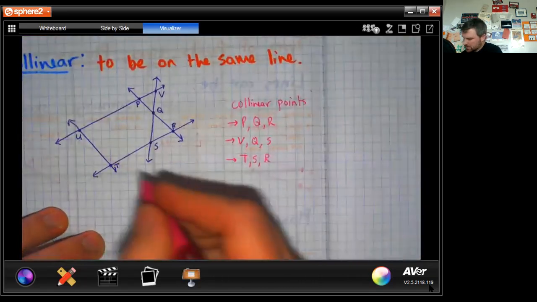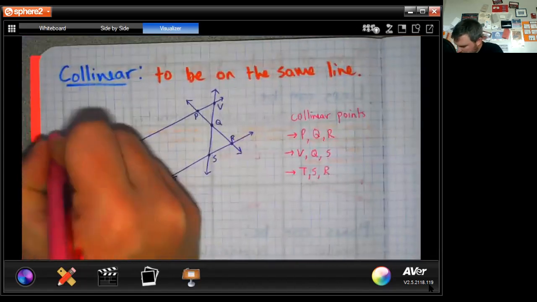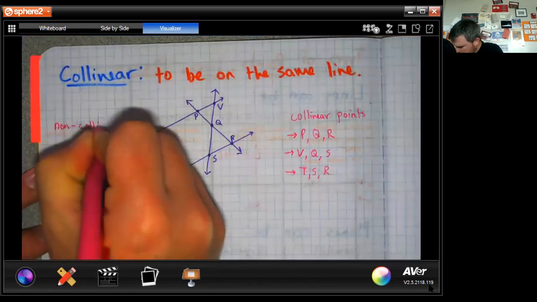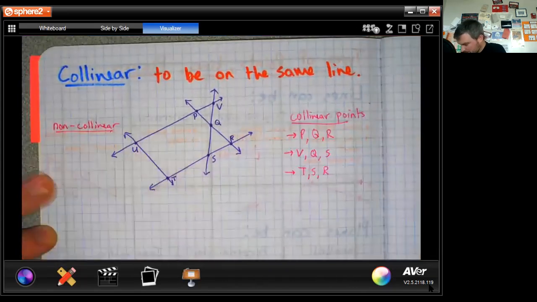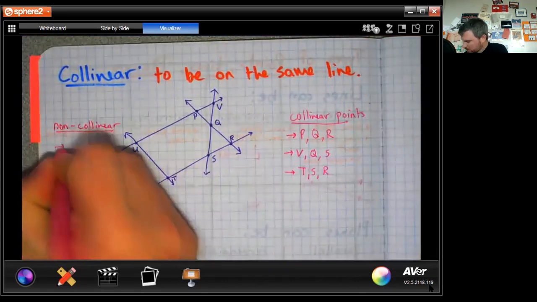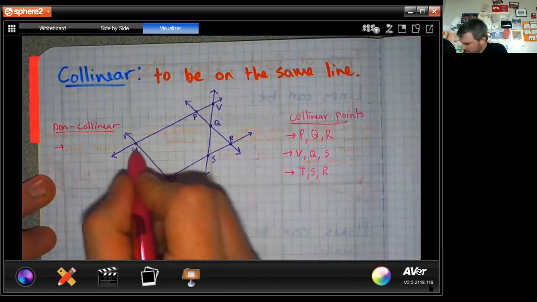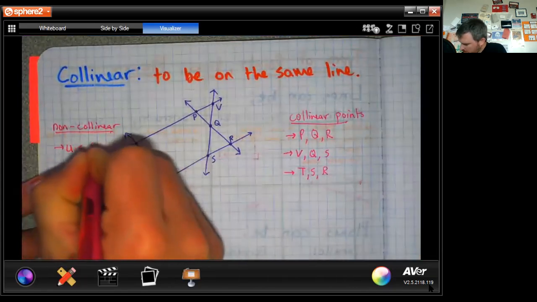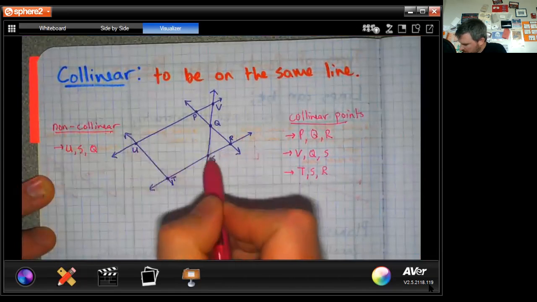Okay. So let's just do a couple non-collinear. We'll do that over here. So non-collinear. So collinear points over there, non-collinear here. So 3 or more, not on the same line. So we could say U, S, and Q. So U, S, and Q are non-collinear.